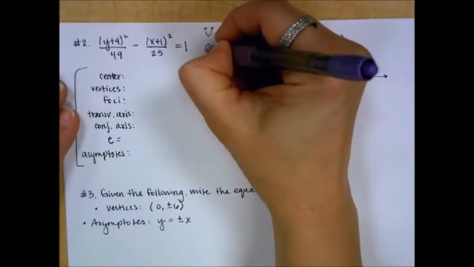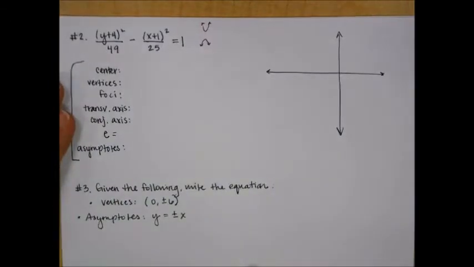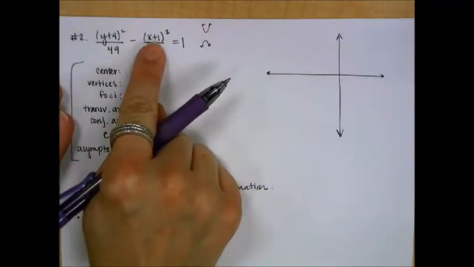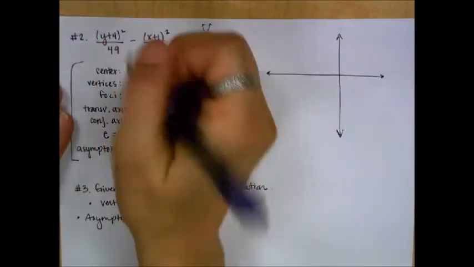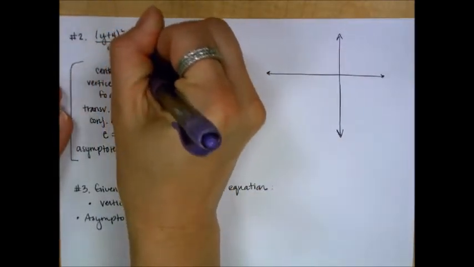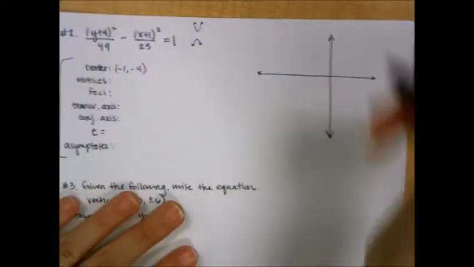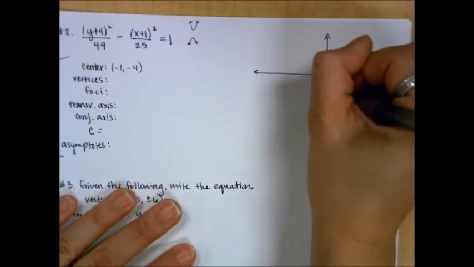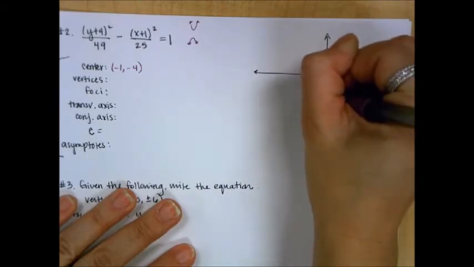So our center HK, we want to grab from x first, -1, and then from y, -4. -1, -4, so we'll start there. And then we'll start looking at the square values underneath.